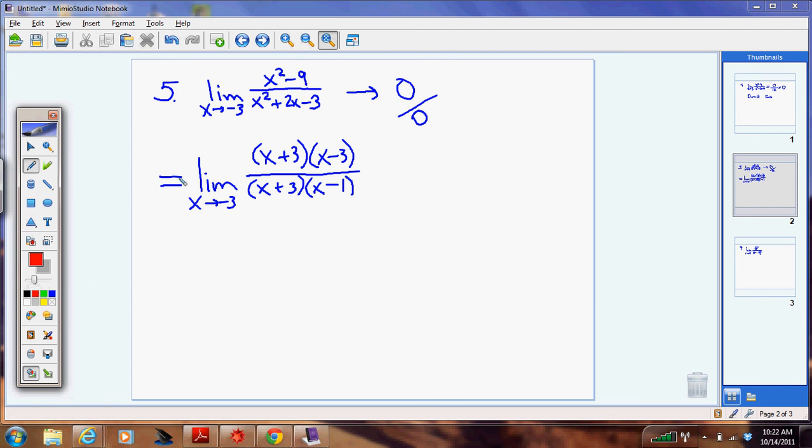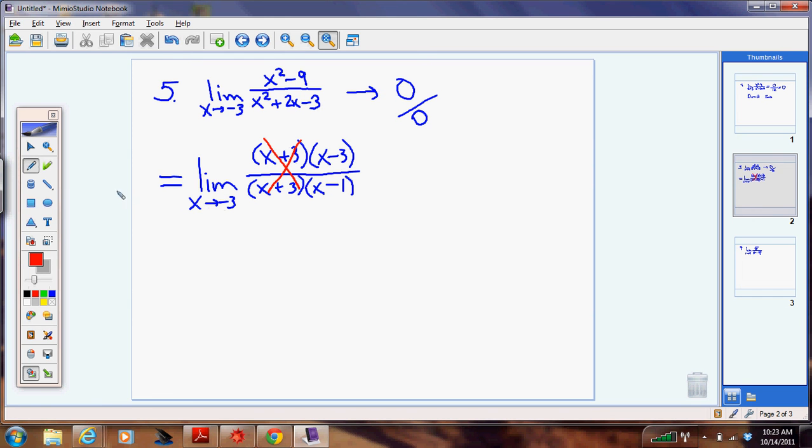Since we have the same factor in both, we can cancel these factors, because the limit doesn't care that the denominator is 0 at negative 3 for that term. The limit isn't really looking at x equals negative 3. The limit is looking at the function as x approaches negative 3. So canceling this out is legitimate in this case.